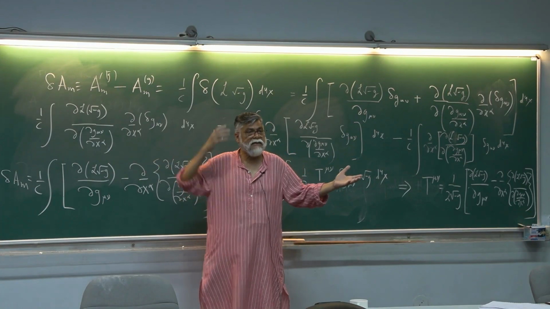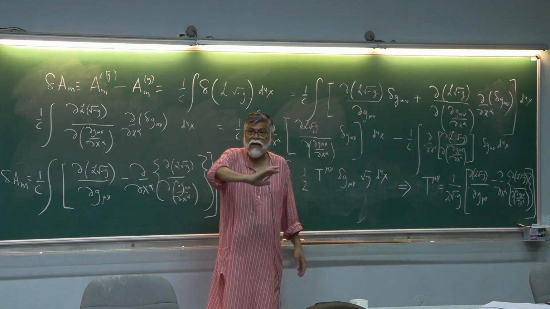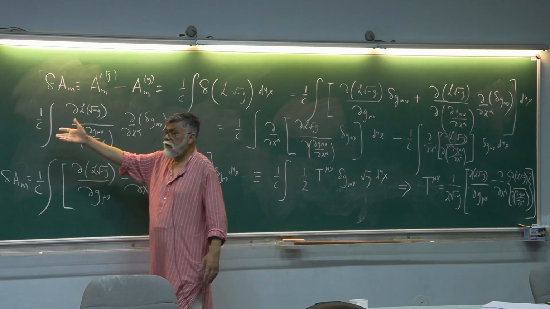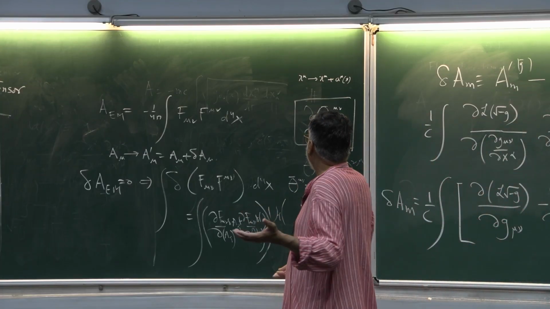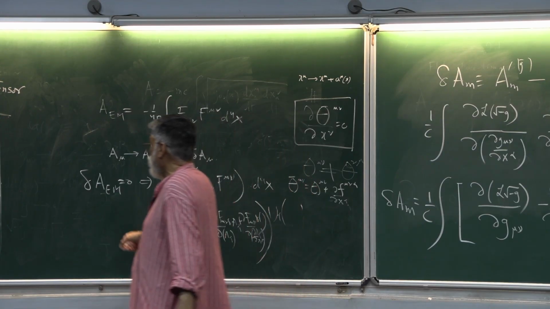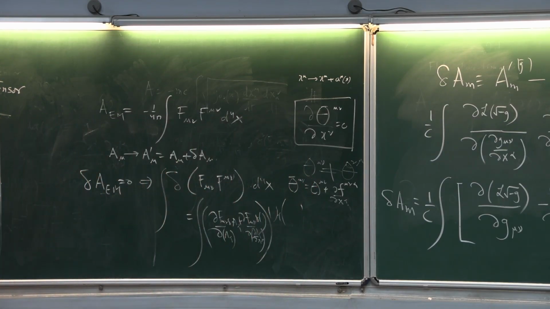And then I'll claim that is my physical energy moment tensor. And the mysterious thing is, whether you use electrodynamics or point particles, you get the correct energy moment tensor. So I suggest, I wrote down the single point particle, I wrote down its action. You use Hilbert's method and you'll find you get the correct energy moment tensor for a single particle.